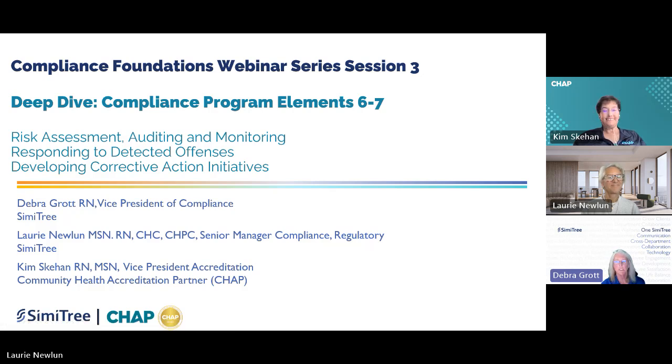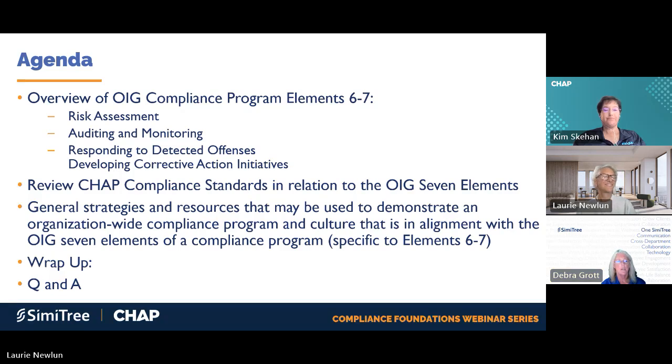So Lori, I'll have you switch to the agenda. We're going to talk about elements 6 and 7 of the OIG compliance program today. That encompasses the risk assessment, auditing and monitoring practices, responding to detected offenses, developing corrective action initiatives and plans.